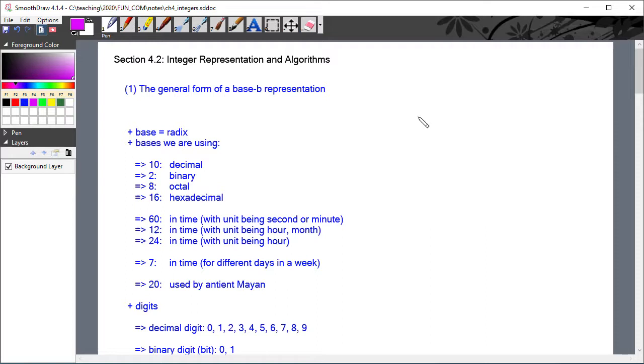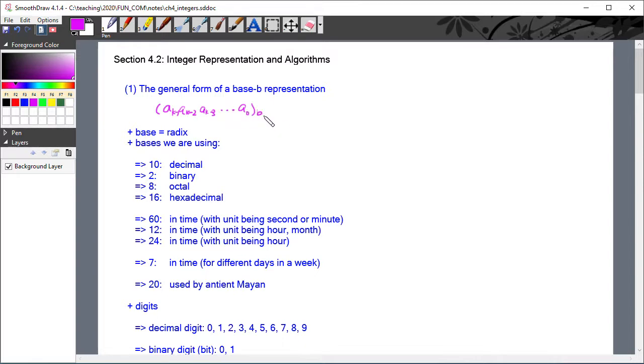So basically here, when we are talking about this representation of a base B integer, the representation is a_{k-1}, a_{k-2}, a_{k-3}, to a_0.